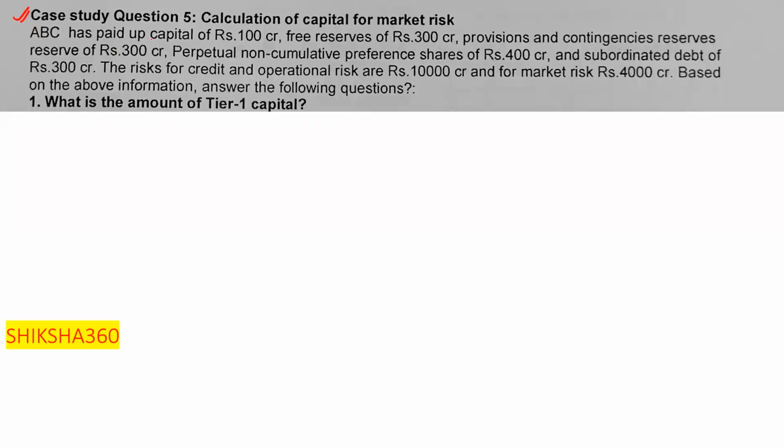ABC has paid up capital of rupees 100 crore, free reserves of rupees 300 crore, provisions and contingencies reserves of rupees 300 crore, perpetual non-cumulative shares of rupees 400 crore, and subordinated debt of rupees 300 crore.